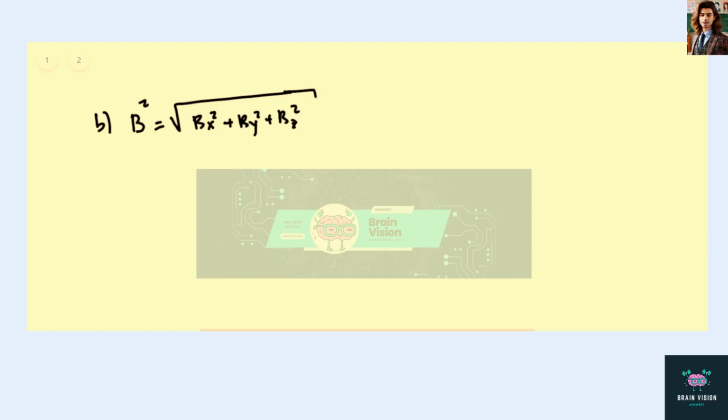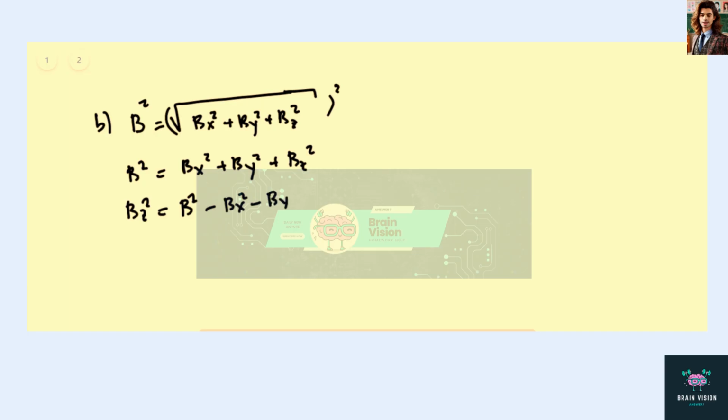If I square both sides, we have B squared equals B sub x squared plus B sub y squared plus B sub z squared. Now, isolating B sub z squared, we have B squared minus B sub x squared minus B sub y squared. B is given to us as 6F naught over QV.